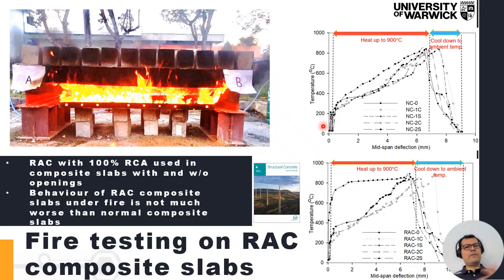But again, in terms of general fire behavior, even when the fire affected the behavior, especially at the debonding area between the metal deck and the slab, because obviously the RAC is a bit weaker, we observed a bit of separation there, slippage between the two elements, but the difference is not massive. So yes, we can use RAC more or less confidently for composite slabs, even if these are subjected to fire.